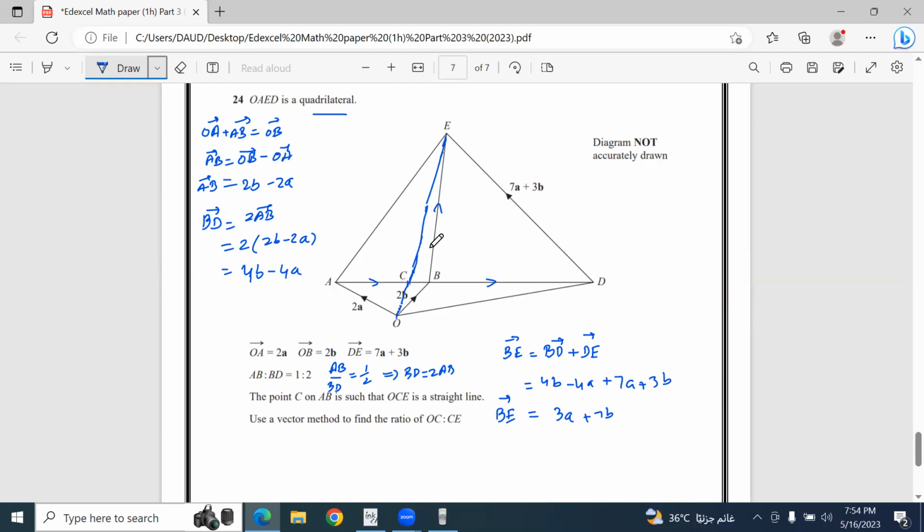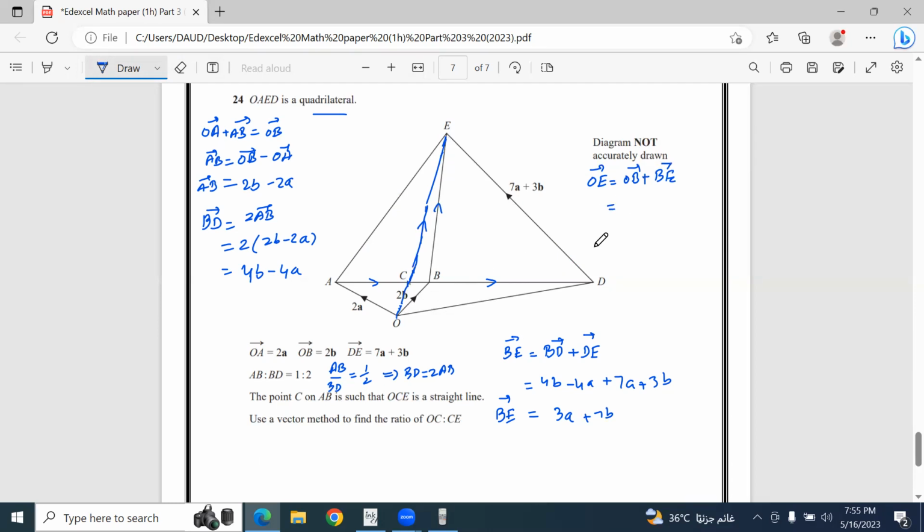So if you check OE, that is our target. OE is equal to OB plus BE. If I try to figure it out, OE is equal to OB plus BE.